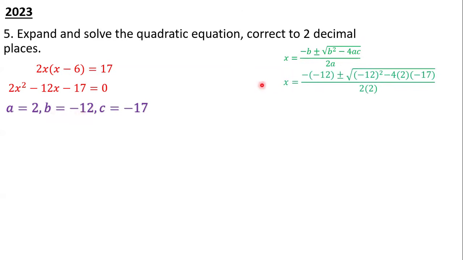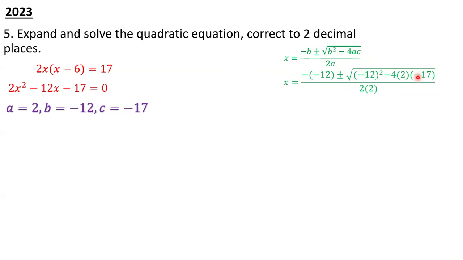So we substitute negative 12 here and negative 12 here in place of b. And we know that 2 is a. So whenever we see a, we put 2. So we put 2 here, and we put 2 here to replace a. And then we have c is equal to negative 17. So whenever we see c, we put negative 17. So we have negative 17 right here.